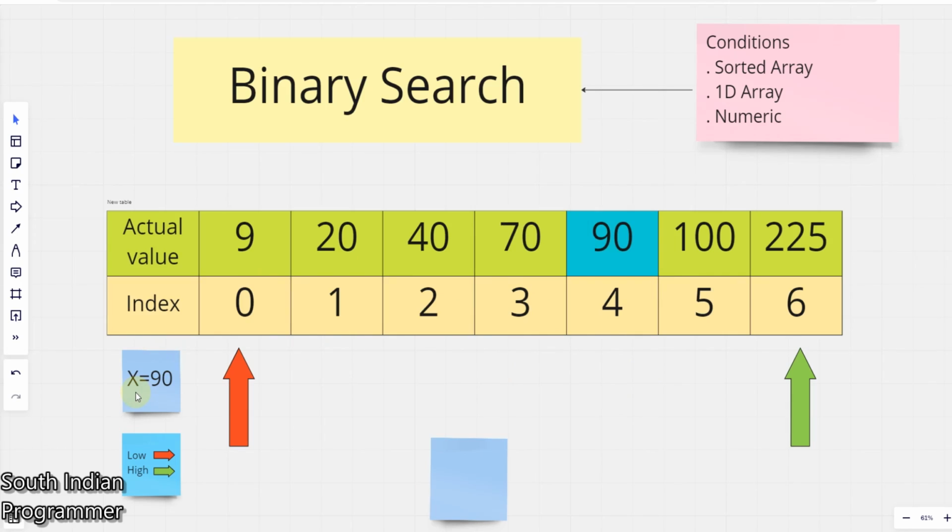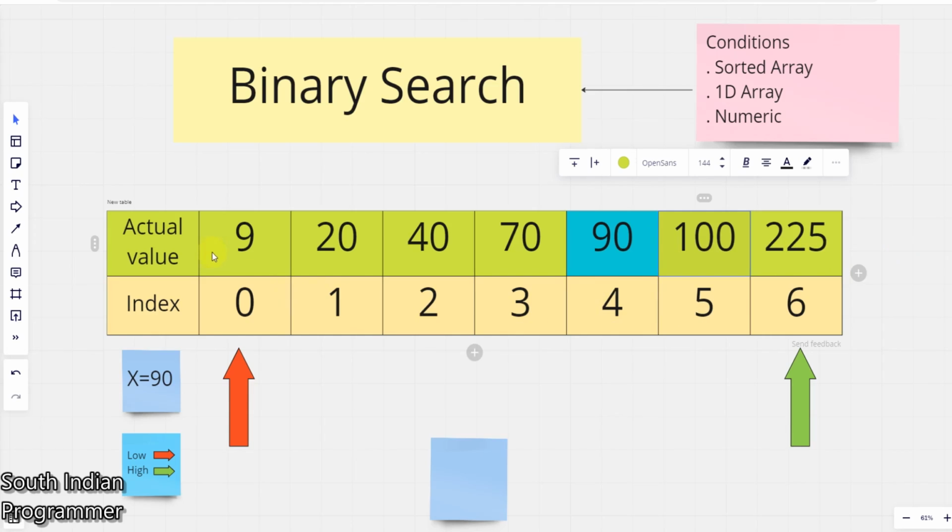Instead of those conventional methods, we need to understand some realizations, some facts about this array. When I look at an element like 100 while searching for 90, the 90 will fall below 100. So I need not consider this 225 at all.